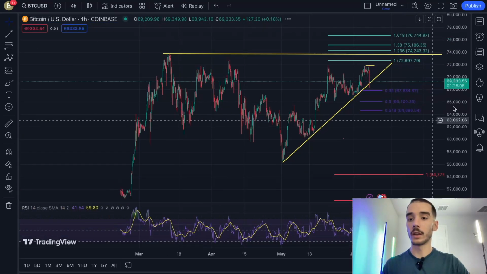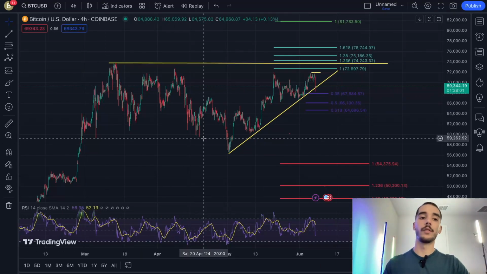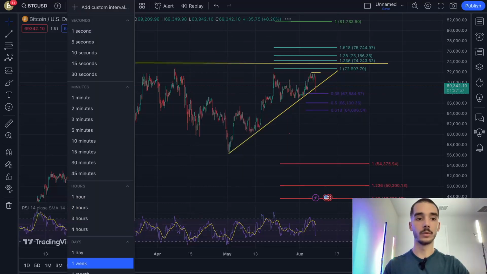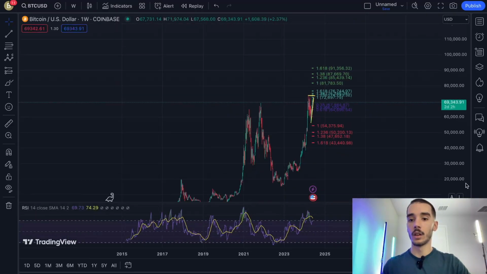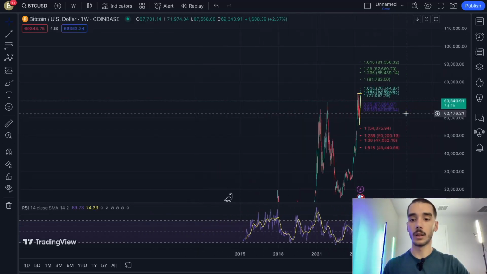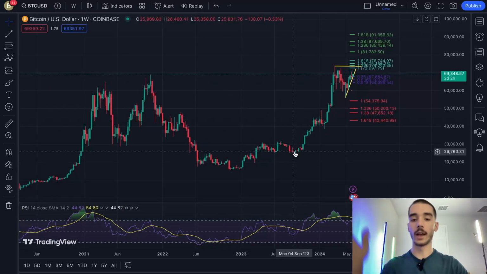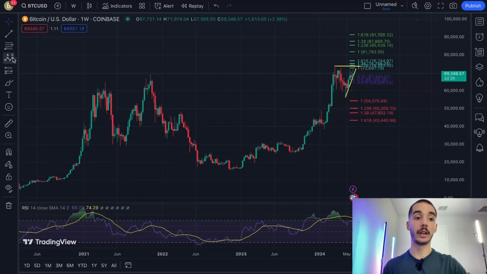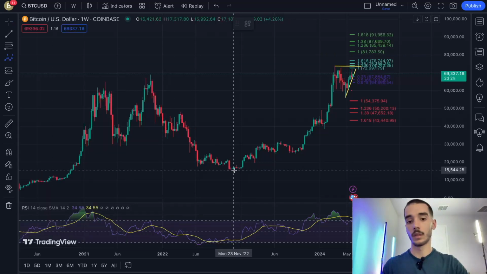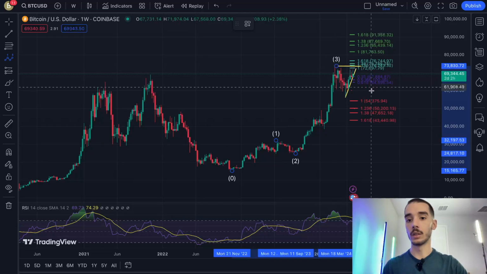So one more thing, it is believed that if you look at the bigger, broader picture, so if we go to, let's just do 1 week, ever since the start of this rally, ever since the bear market ended, we've seen a 1, 2, 3, possibly 4.